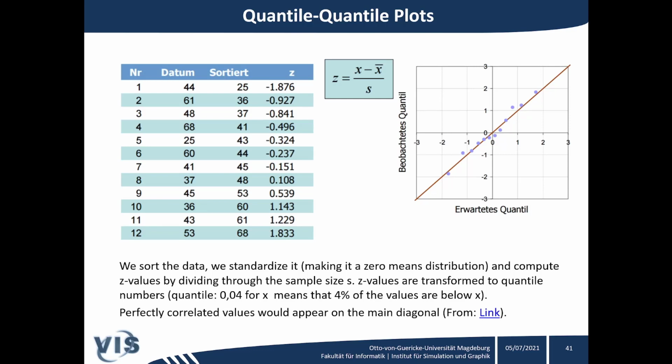The z values are transformed to quantile numbers. So, for example, 0.04 for x means that 4% of the values are below x. And perfectly correlated values would appear on the main diagonal in case the real data distribution corresponds to a normal distribution.